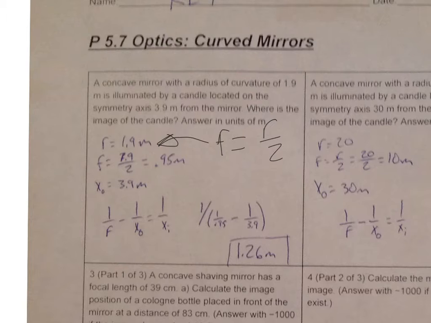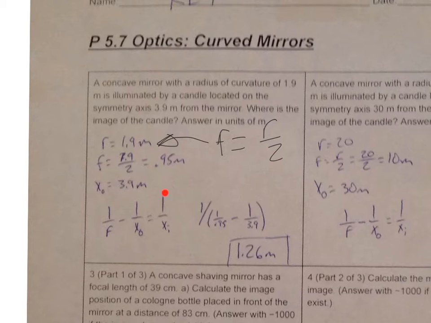It tells you that the object is located at 3.5 meters from the mirror, so we put 3.5 in here. The equation is 1 over F minus 1 over XO is equal to 1 over XI.